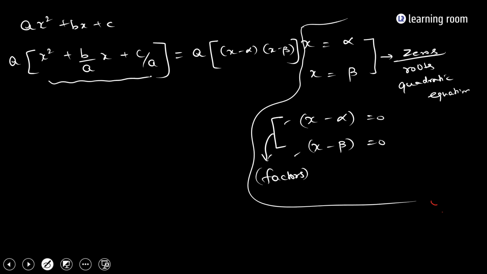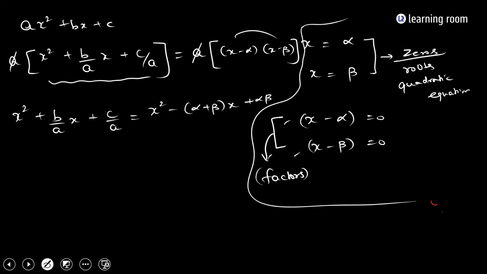So cancel this a and a. x square plus b by a into x plus c by a is equal to, multiply these terms and tell me: x square minus beta x minus alpha x plus alpha beta. Can I write it so that I can skip one step?